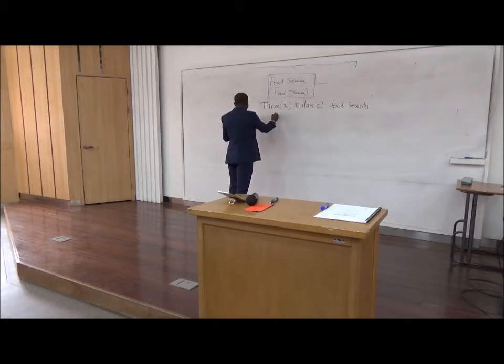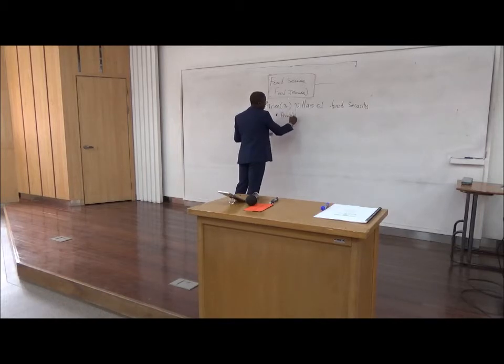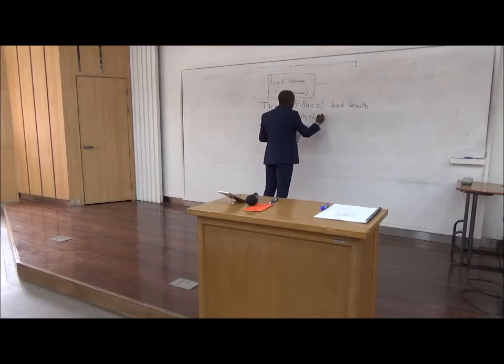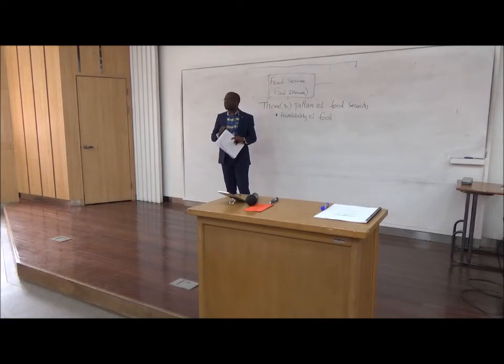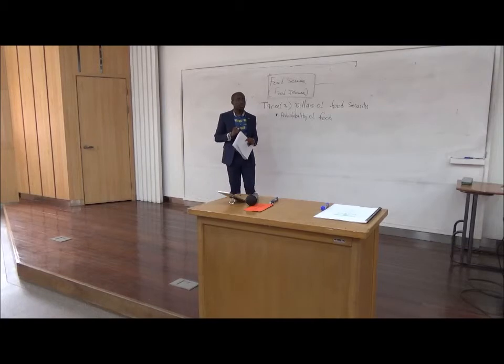So the first one that we have is availability of food. Do you guys have the 3 pillars of food security on your notes? You have it? Alright, so availability of food, what does it mean?